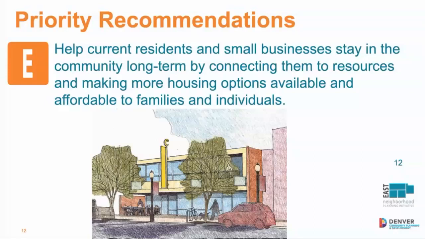Another recommendation we're making is to create a community hub in the East Colfax neighborhood that provides a comprehensive range of services to help residents and small businesses in the area, and that's things like financial empowerment, recreation for young folks, and small business assistance.